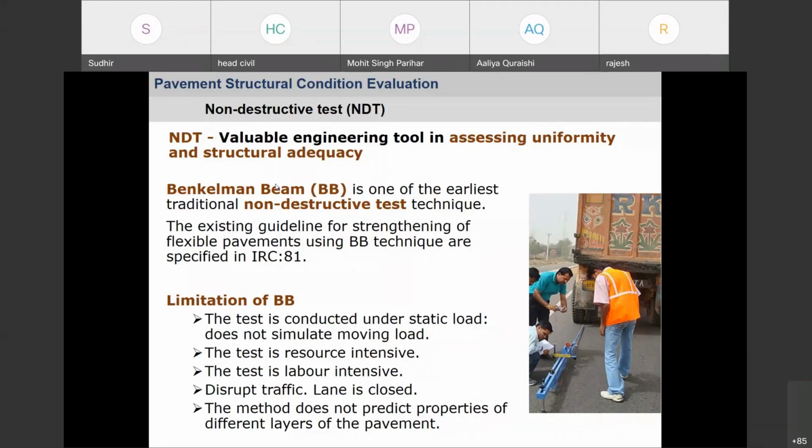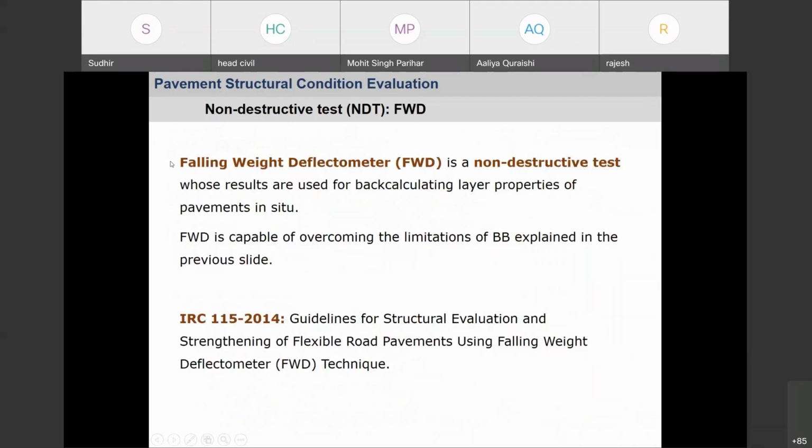So with all these limitations, now people are moving away from Benkelman beam test. And there is a new test that has been introduced in IRC in 2014, which is basically falling weight deflectometer test. Falling weight deflectometer test has also been there for quite some time in industry.